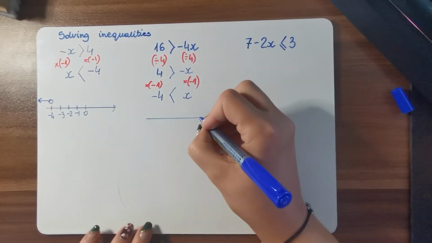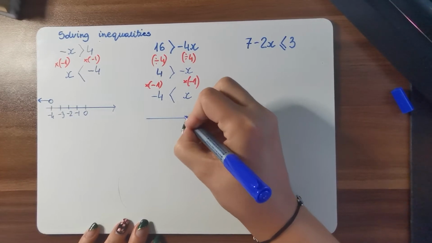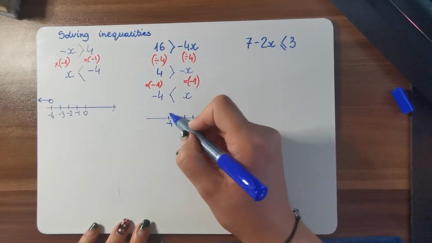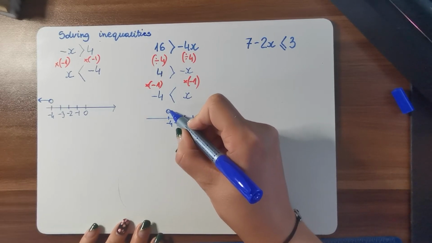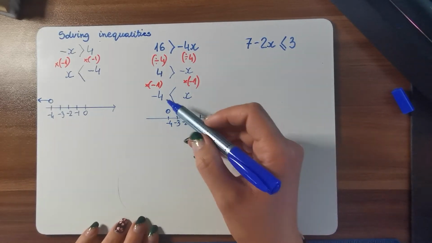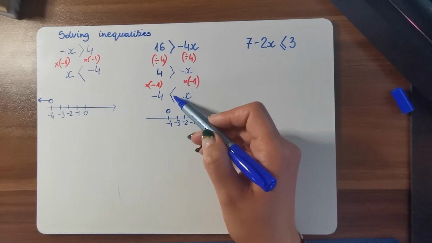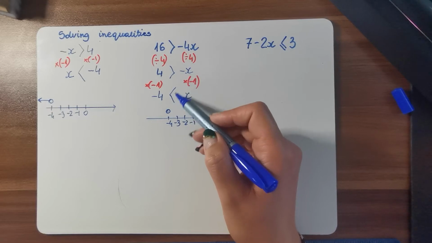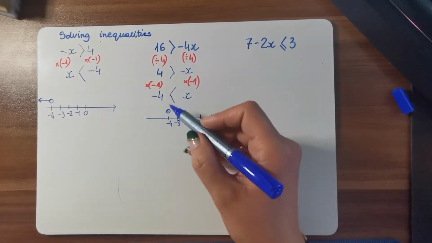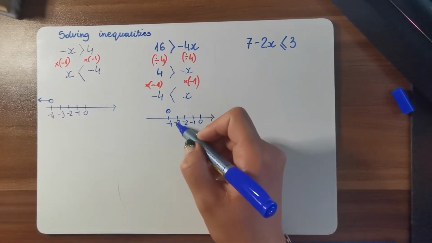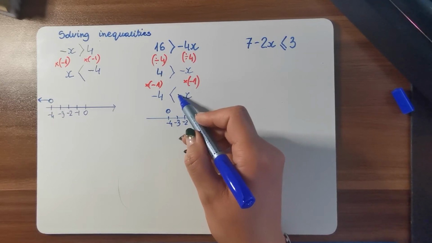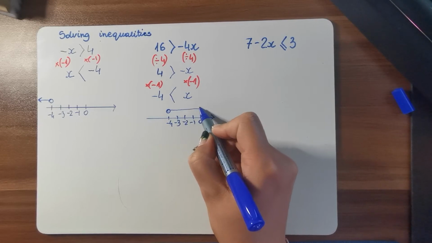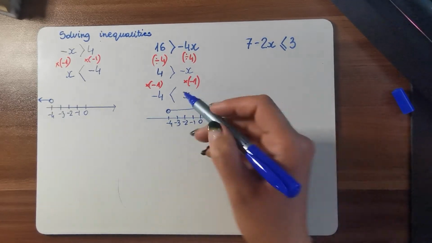And we'll get the solution on a number line. 0, negative 1, negative 2, negative 3, and negative 4. Open dot, because we don't have here the sign larger or equal, so it must be an open dot, and x must be larger than negative 4.